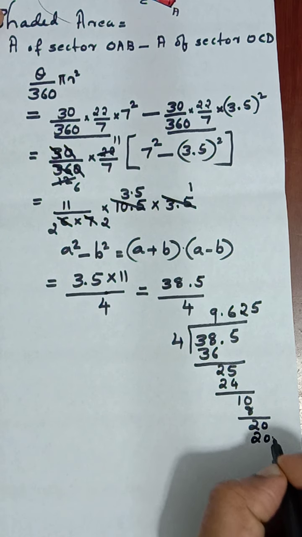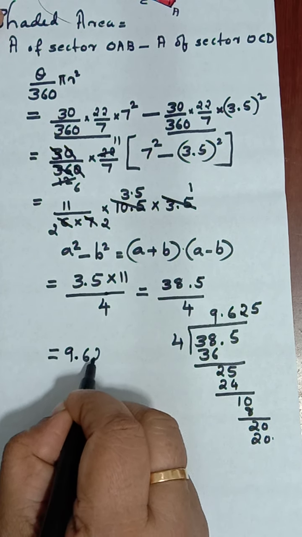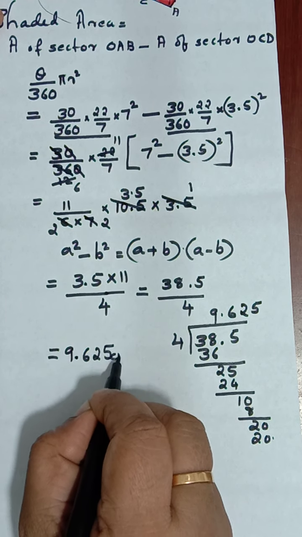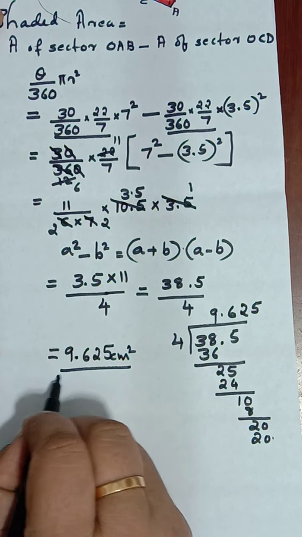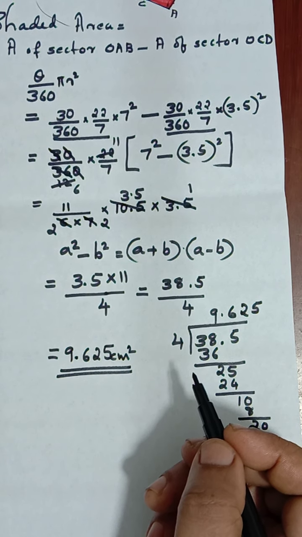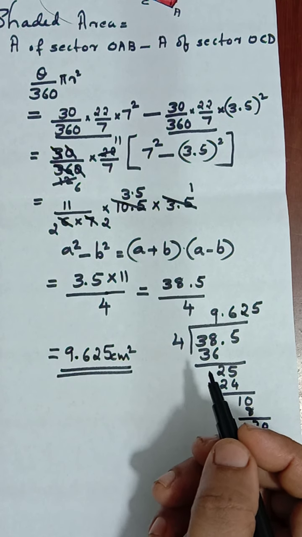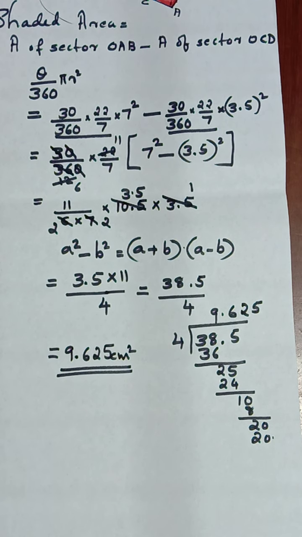So our answer is 9.625 cm square. 9.625 cm square is the area of the shaded region. With this we are completing this. Bye children.